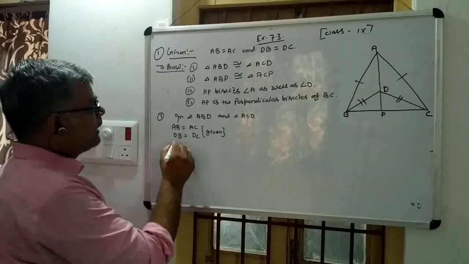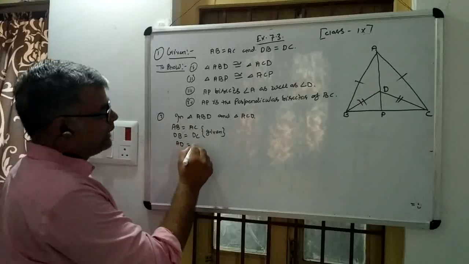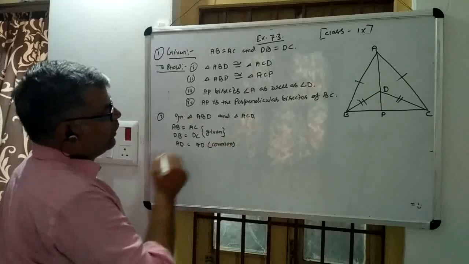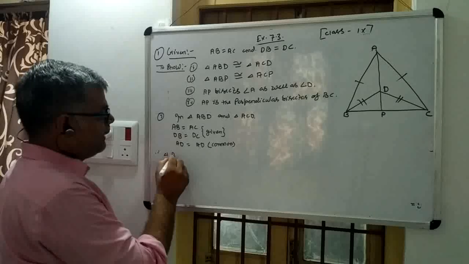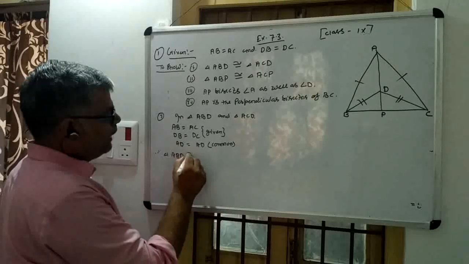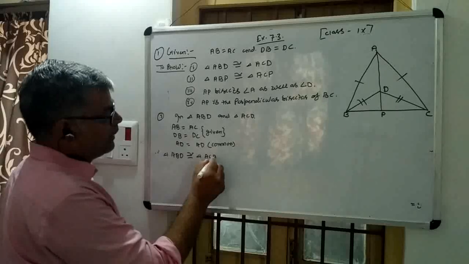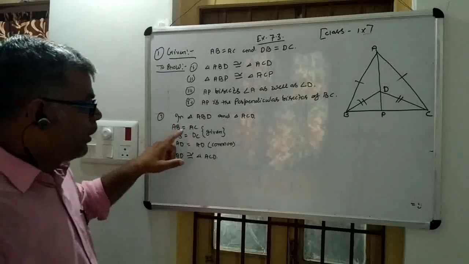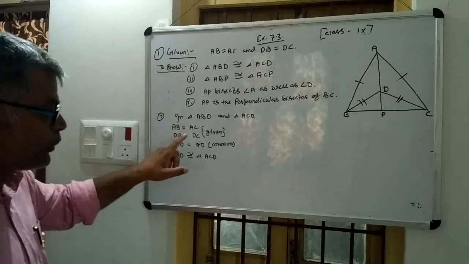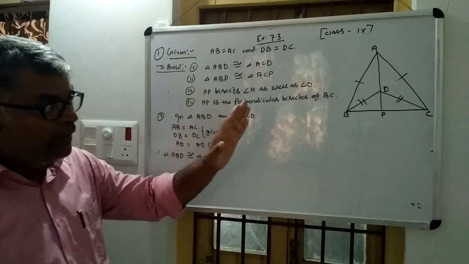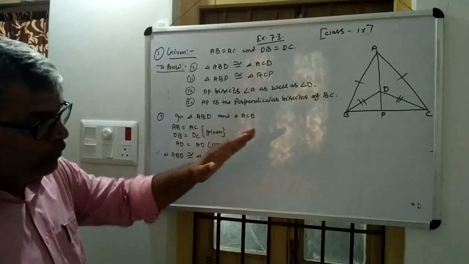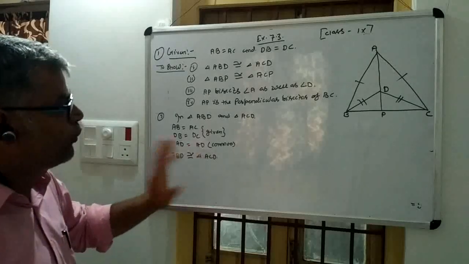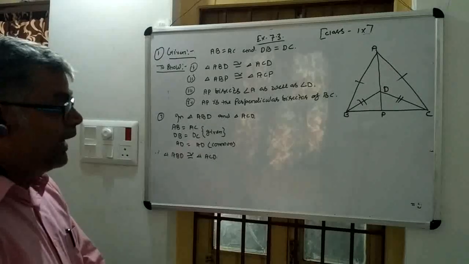And AD is equal to AD, which is common. Therefore, triangle ABD is congruent to triangle ACD by the property SSS. Simply, because AB equals AC given, DB equals DC is also given, and AD is common to both triangles, so AD equals AD common. So triangle ABD is congruent to triangle ACD.